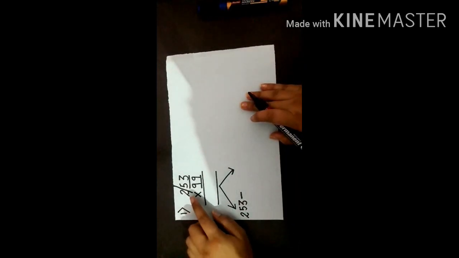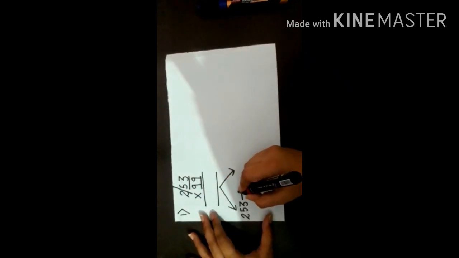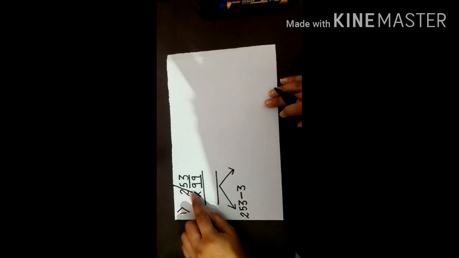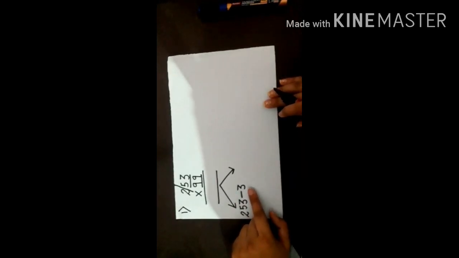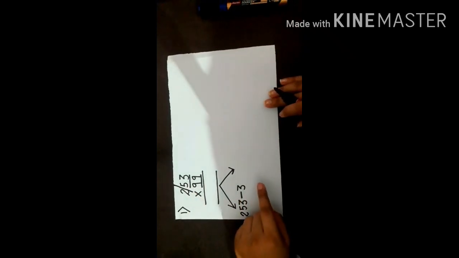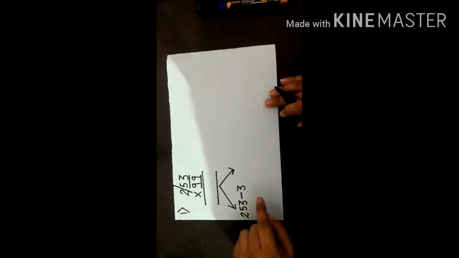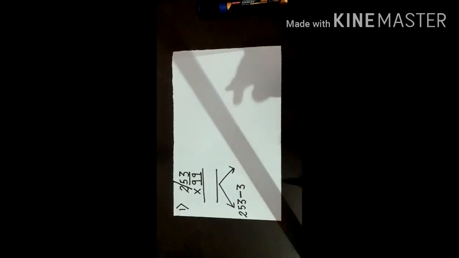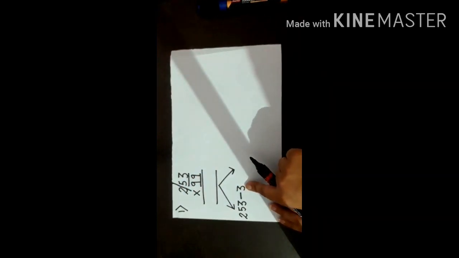Up means if it is 2, then you subtract your multiplicand from 3. If it is 4, then from 5. And if it is 26, then from 27. Is it fine? So now here it is 2, so you have to subtract from 3.